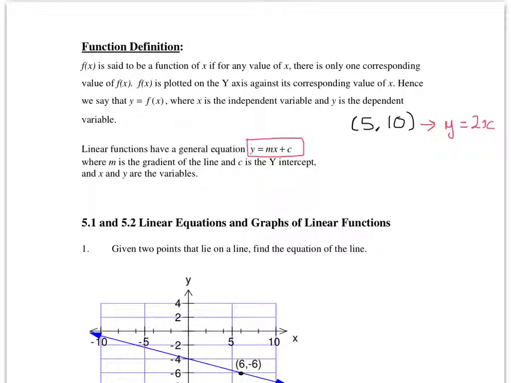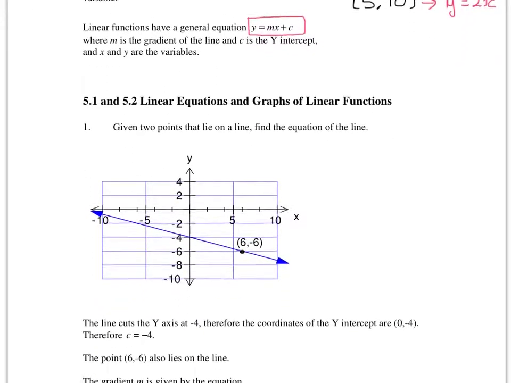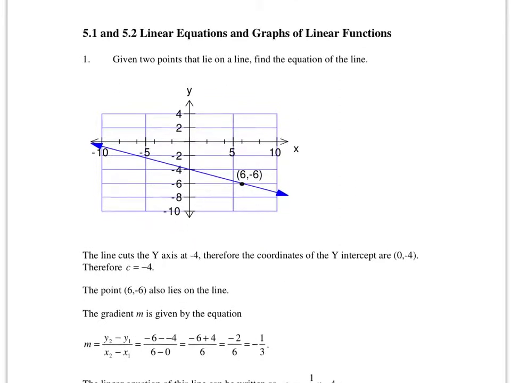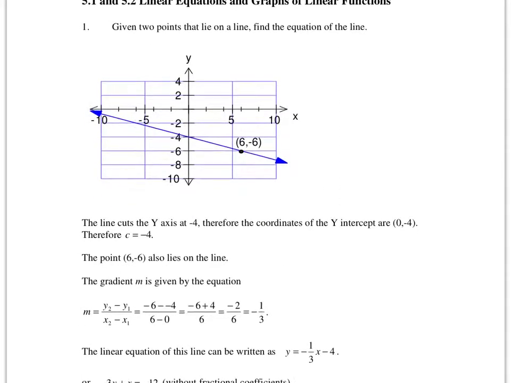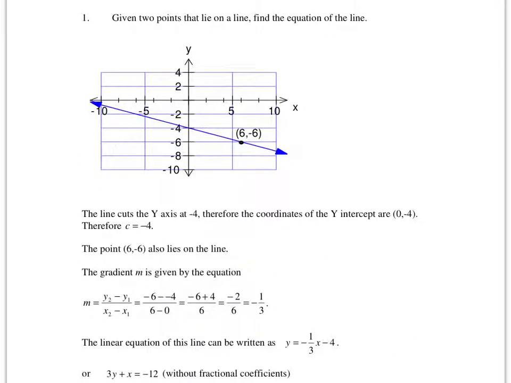So now we're going to have a look at an example, and we're given an oblique line here, and we're asked to find its equation. Okay, so if we have a look at the line, we have one point on the line with coordinates 6, -6.